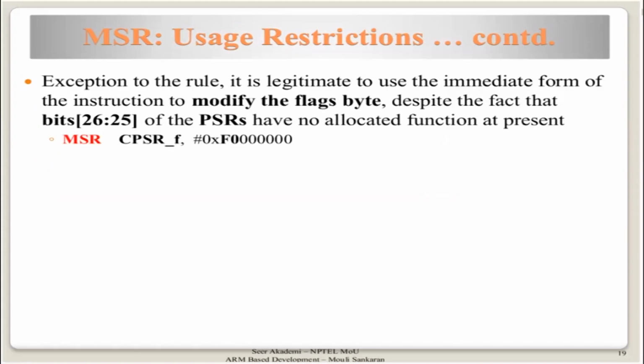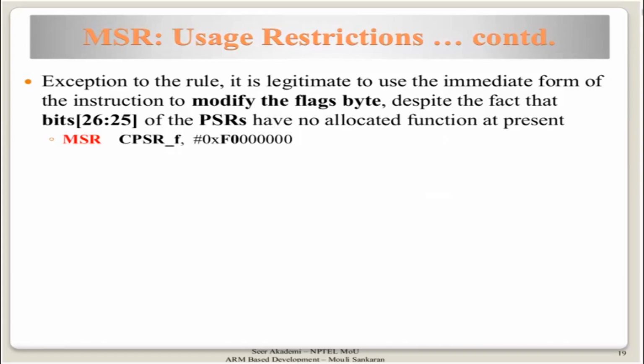And then other restrictions. One small thing I thought I would make a note of. The flag register, if you recall, only the top 4 bits have CZNV, right? The top nibble of the lower byte is all unused, reserved. Even though they are reserved, you will be allowed to change them by using this instruction. You are mentioning an 8-bit value, though you are modifying only the bottom nibble.